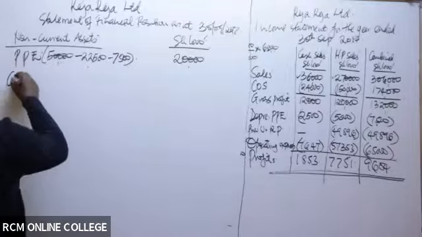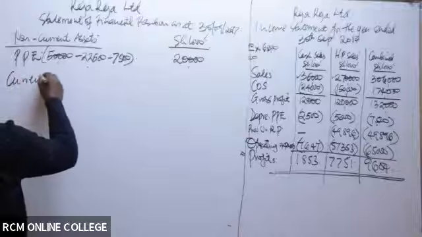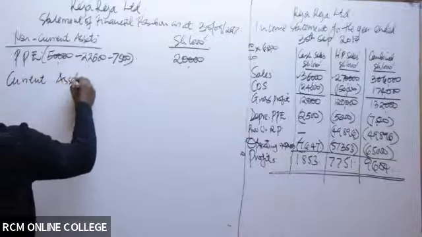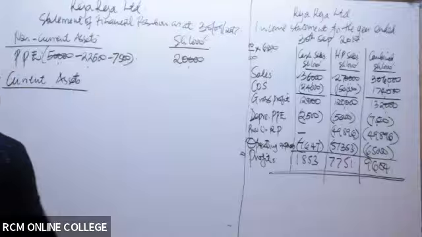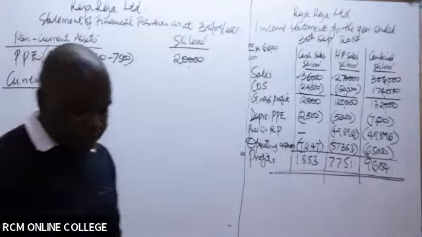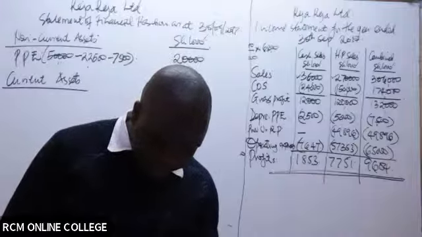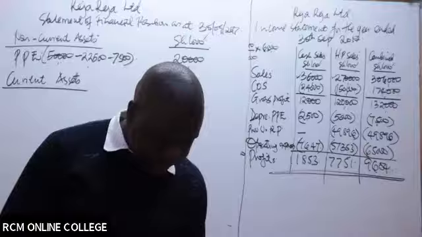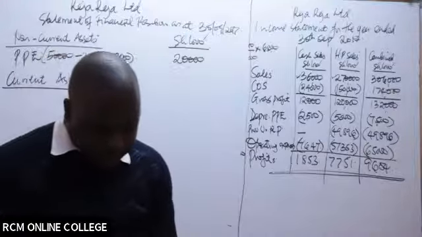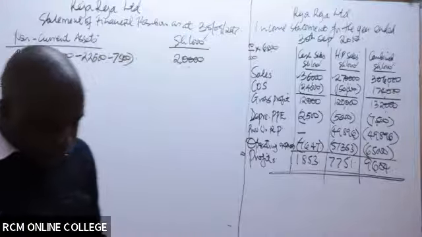So now we can have the current assets. For the current assets, if you look at the trial balance, there's an amount that you are told was in the bank. So there's the cash balance. The cash balance that was actually in the bank is an amount of 3104.